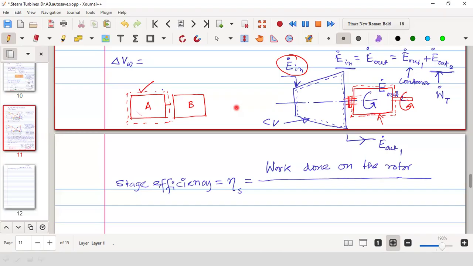Otherwise it will not be possible at all to say what is happening. Unless we actually know what the system is, it is meaningless to say that work is done by this or work is done on this. So it is appropriate only when we have actually selected the system or the control volume. Okay, that is very crucial. Without that, nothing has a meaning.